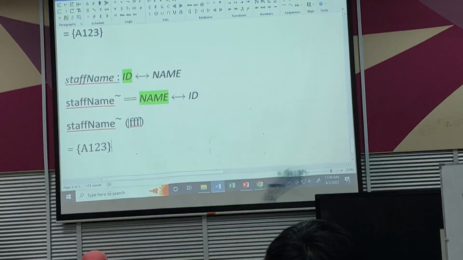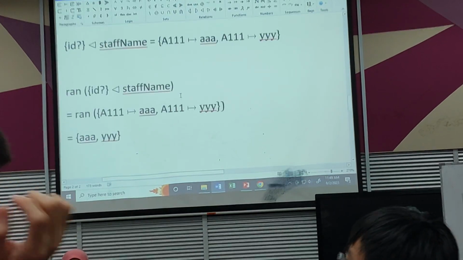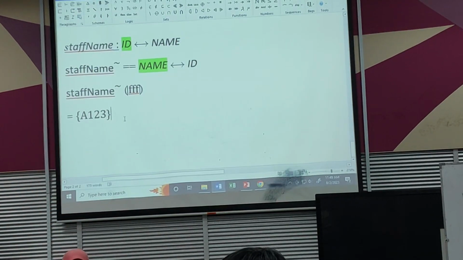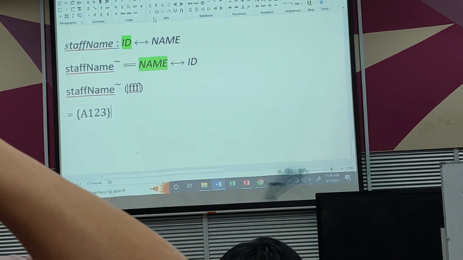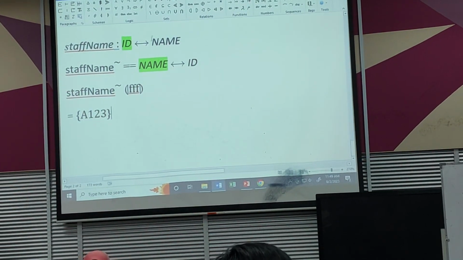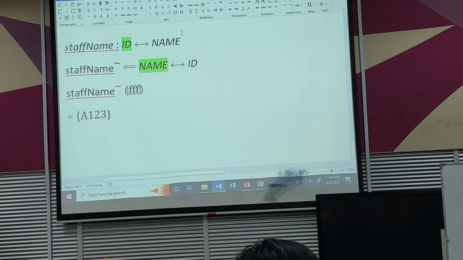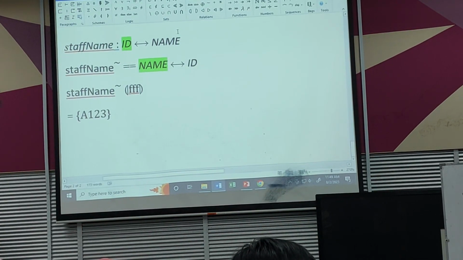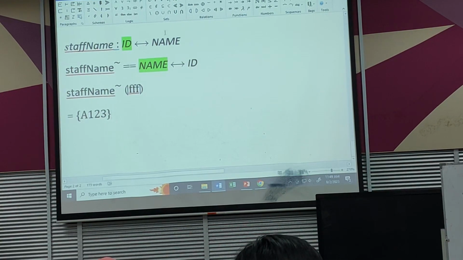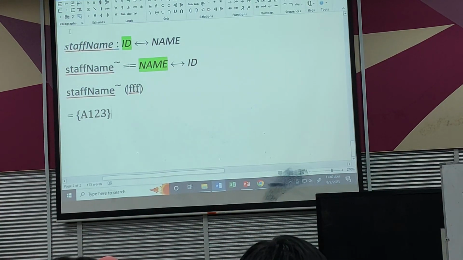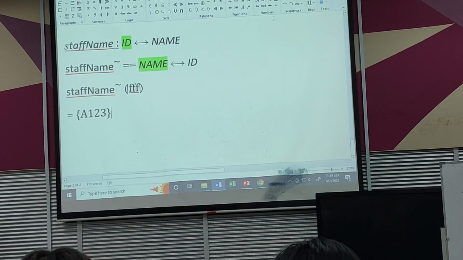I will show you. One more thing that I want to show you, the symbol just now, Cartesian, not Cartesian, composition. Composition, the symbol is, where is it? Cannot see it. Should be here.